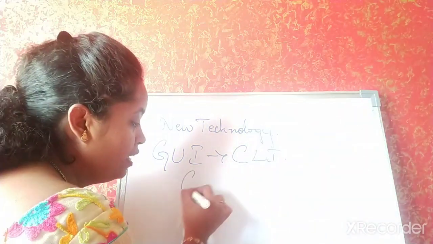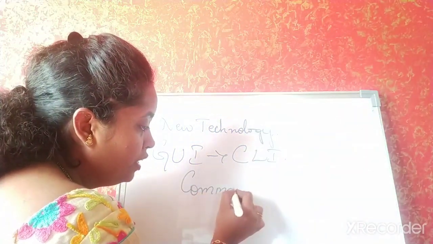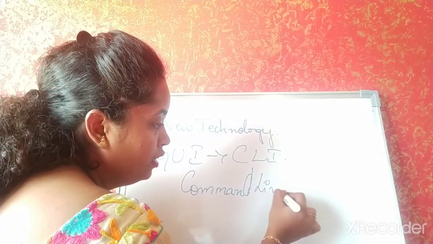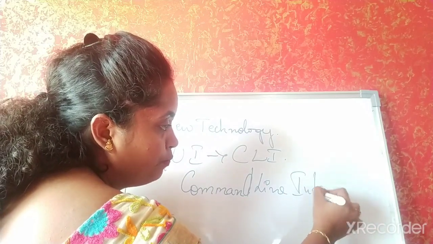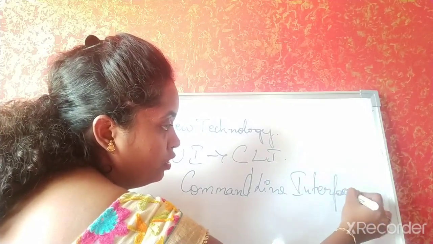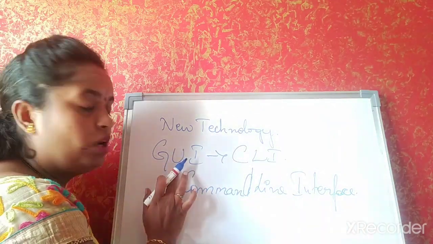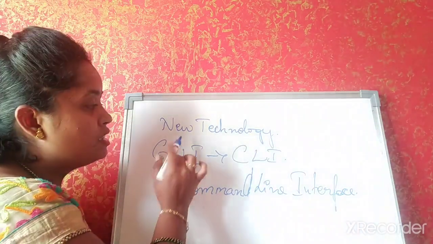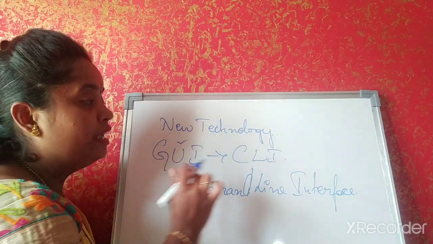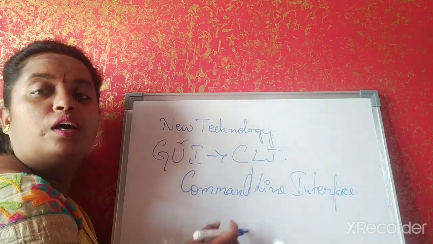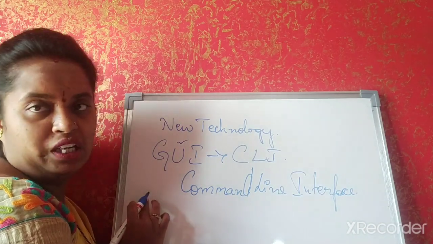What is CLI? Command line interface. GUI is graphical user interface, the new technology. CLI is command line interface, the old technology which was being used.